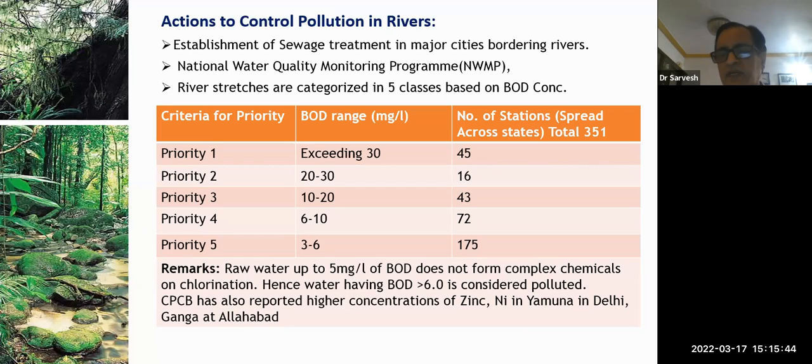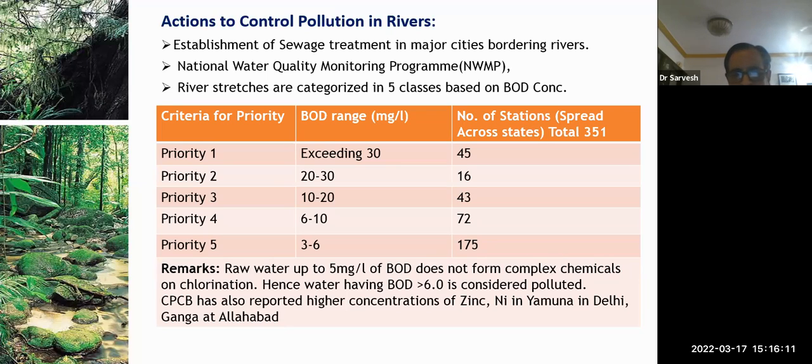Priority 1 contained BOD levels exceeding 30 ppm, while the second was the 20 to 30 range, priority 3, 10 to 20, priority 4, 6 to 10, priority 5, 3 to 6. And as many as 351 stations were installed for monitoring.